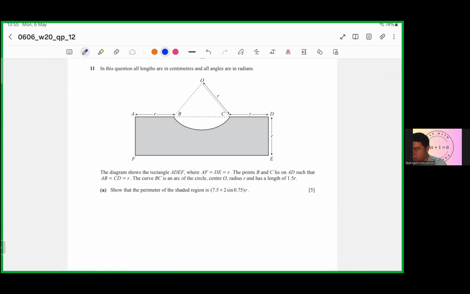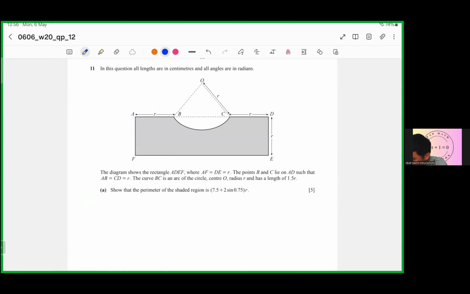So the diagram shows the rectangle AEFD, and AF equals DE equals R. The points B and C lie on the line AD such that AB equals CD equals R. The curve BC is an arc of the circle with center O and radius R, and has a length 1.5R.